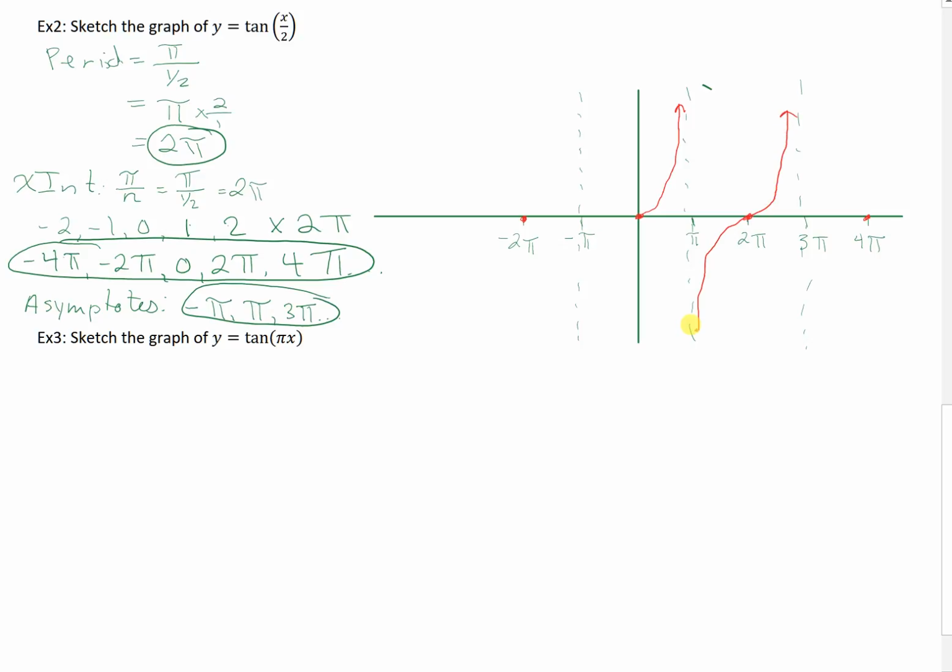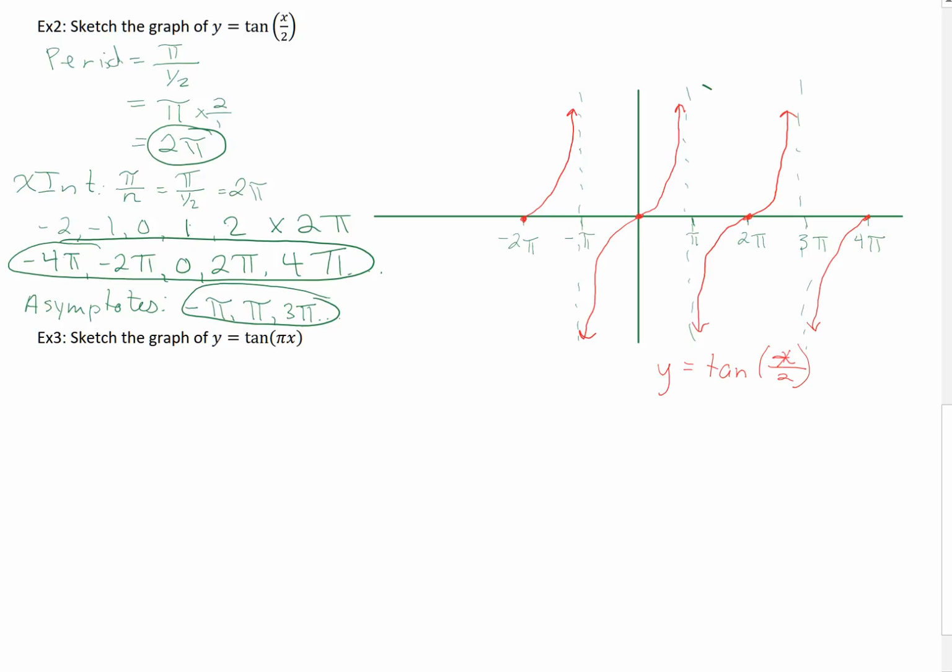Sorry, these are dreadfully ugly graphs. Use the CAS to get a better picture. It's going in the negative direction, switches to positive. Okay, so this is our graph of y equals tan of x on 2.